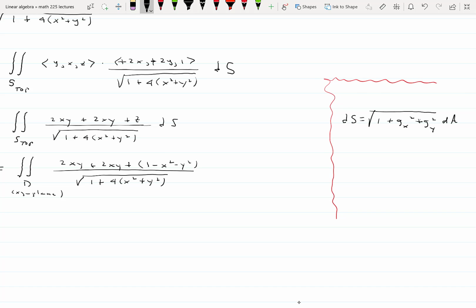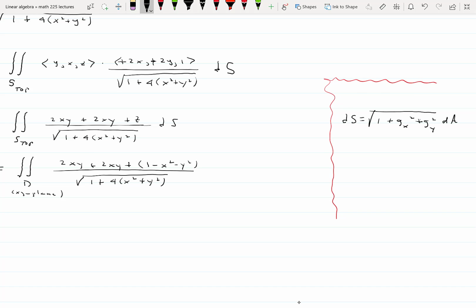I don't want you to go right to a formula. Do not use page 1170 in your text, formula number 10. I want you to compute these surface integrals, these flux integrals, directly this way.